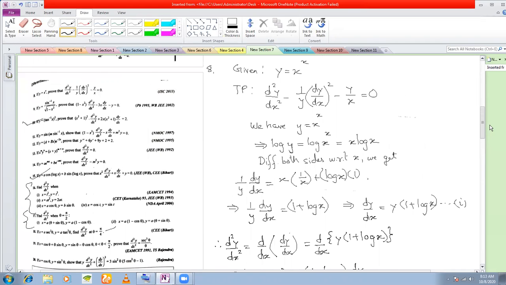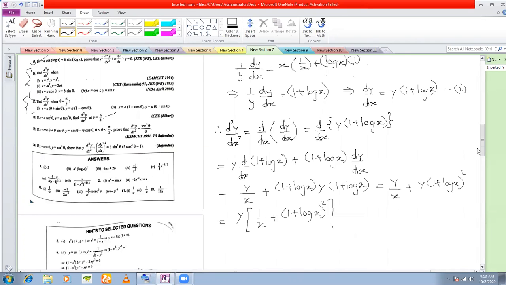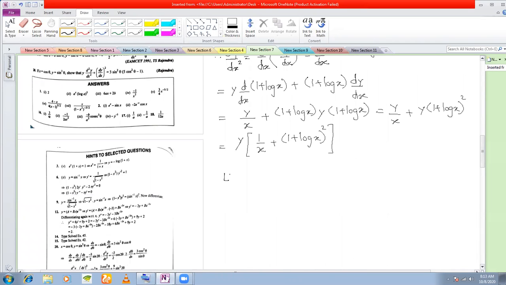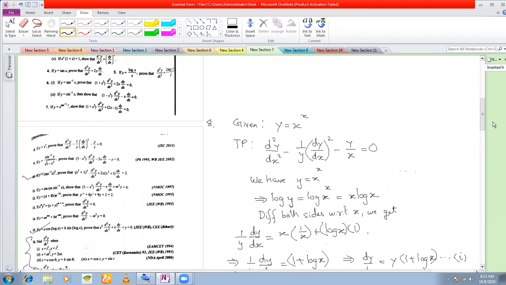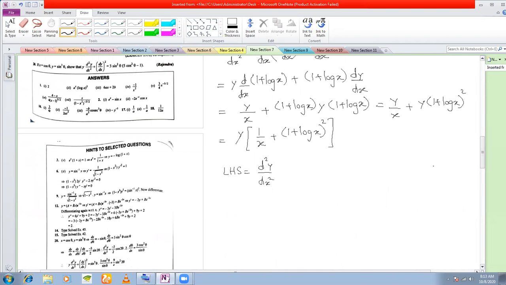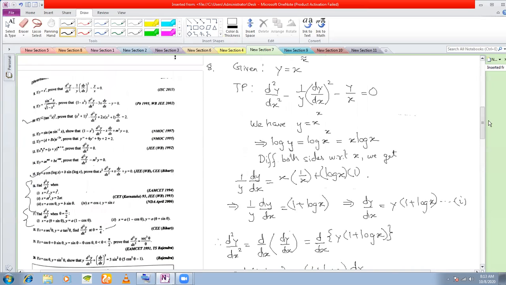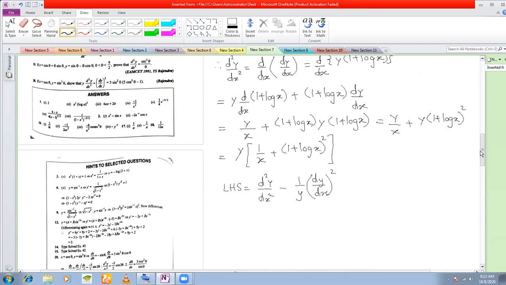And what are we required to prove? d2y/dx2 minus 1 by y (dy/dx) full square minus y by x. So let us put it on the left hand side. So let's see. Left hand side is d2y/dx2 minus 1 by y (dy/dx) whole square minus y by x.